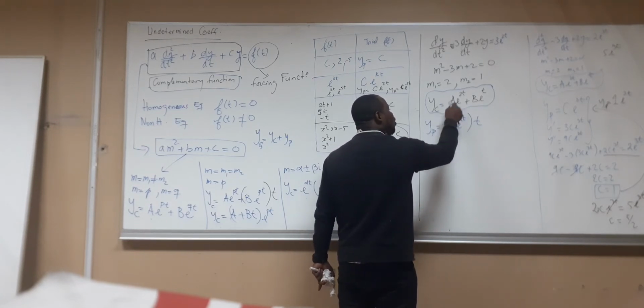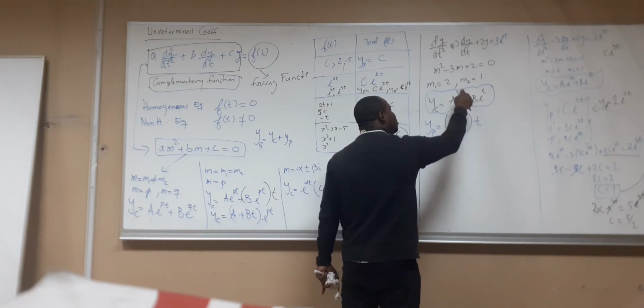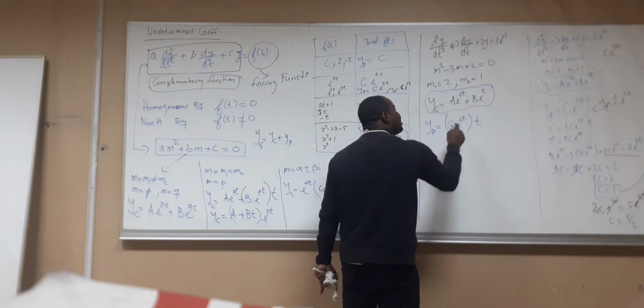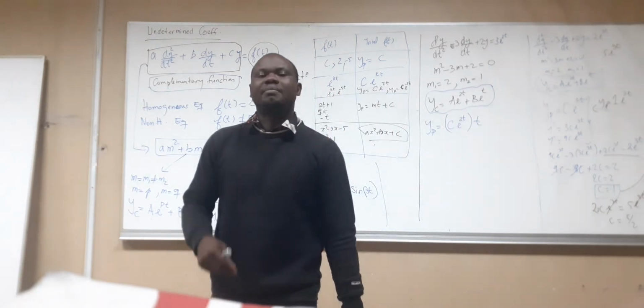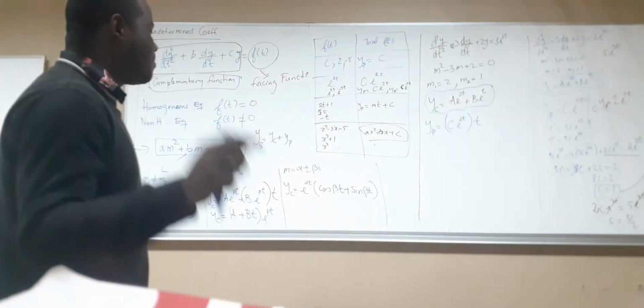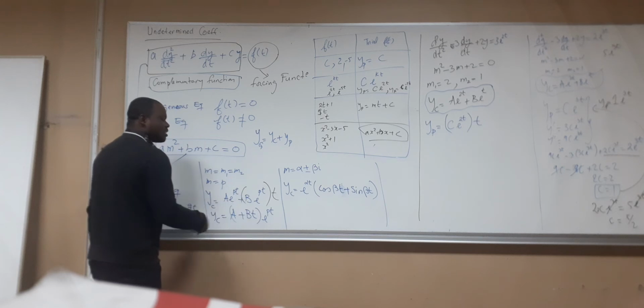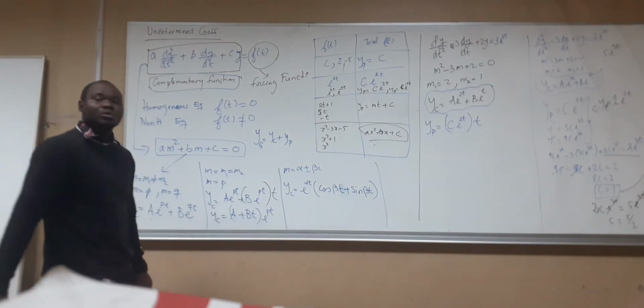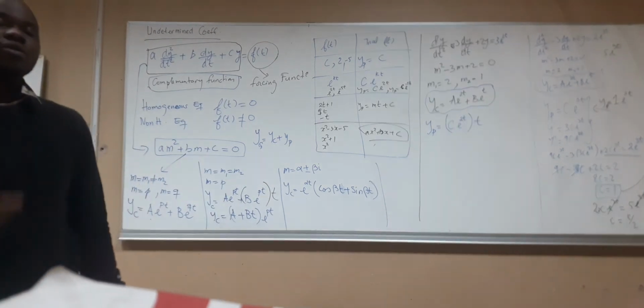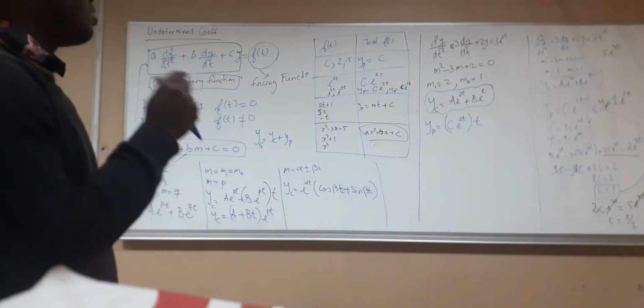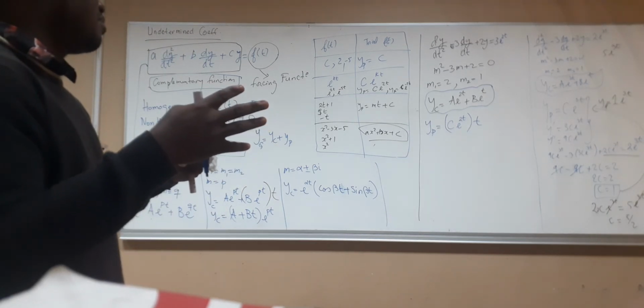You have a constant multiplied by e to the power 2t and here you have a constant multiplied by e to the power 2t. You must make the difference. Remember, I told you, because these two are repeating, you must multiply by the variable your second repeated function.